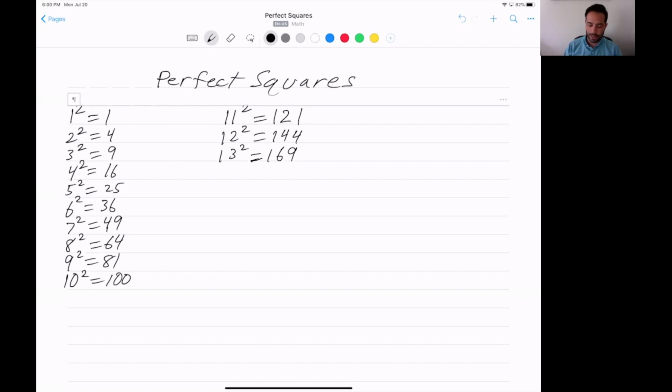All right, so moving on to 14 squared. We know, again, the first digit is still going to be 1 because we're not going to go up 30-something. If we were going up 30-something, we would be in the 200s. All right, now here's where it gets just a little tricky. 4 squared is 16. Now before, we were having just single-digit answers, but now we have a double digit, 16. So what do we do?